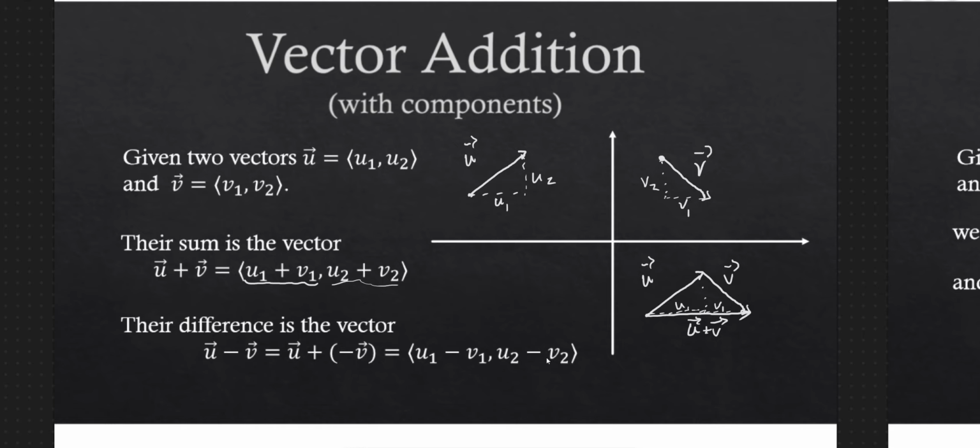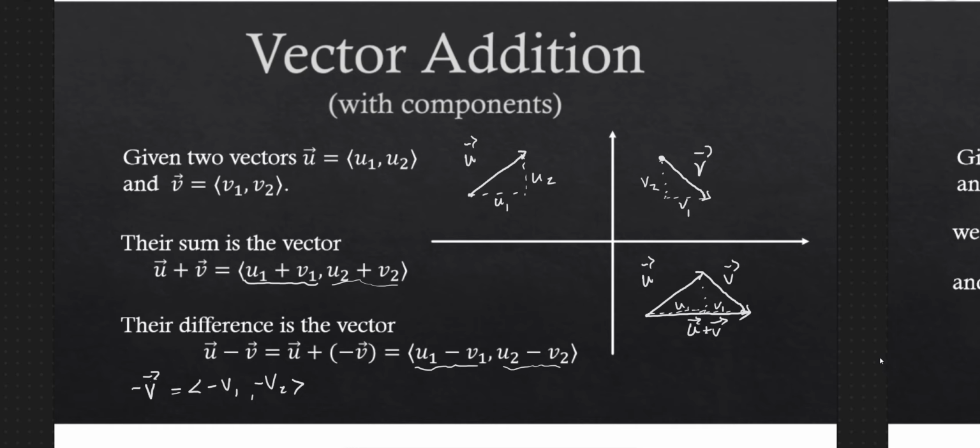Minus v would have components minus v1, minus v2. And when I add them based on what we just talked about, I have u1 minus v1, u2 minus v2. So again, works out nicely. The components of the difference of two vectors are the difference of the respective components.